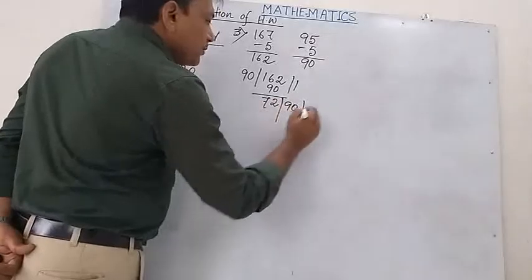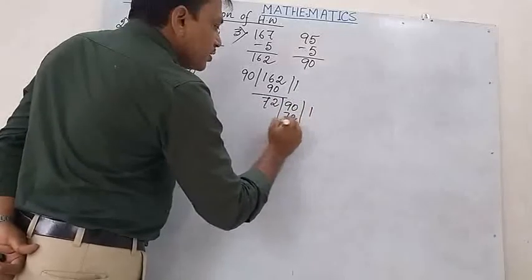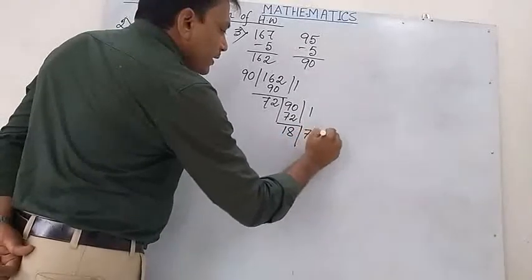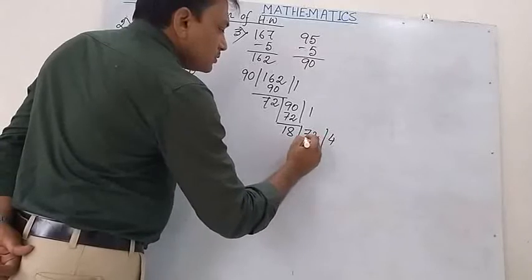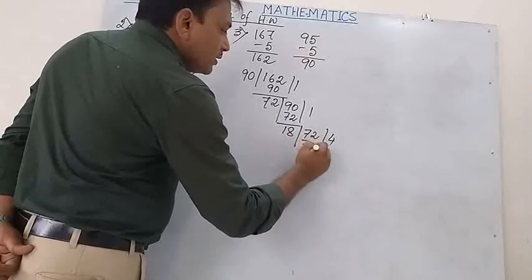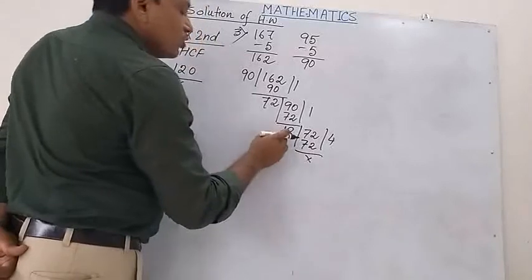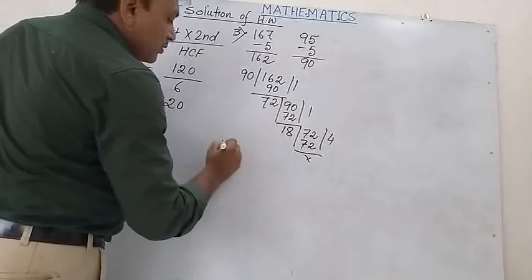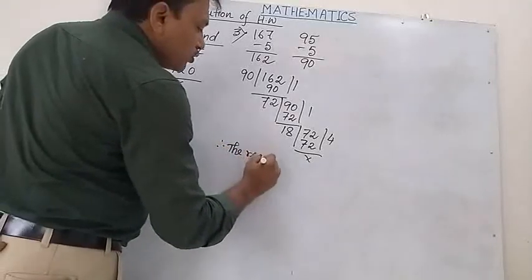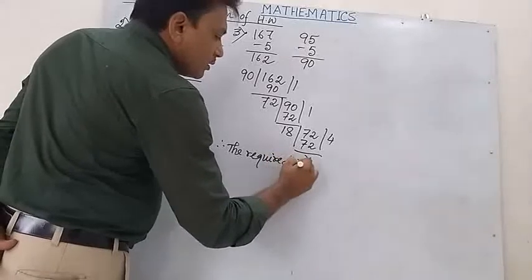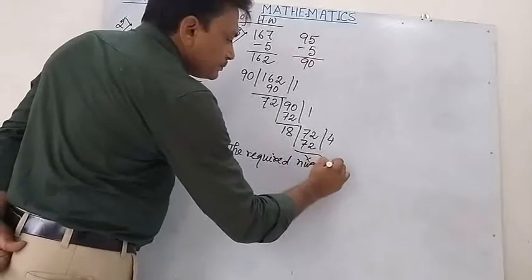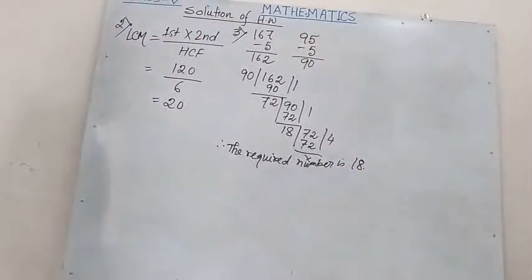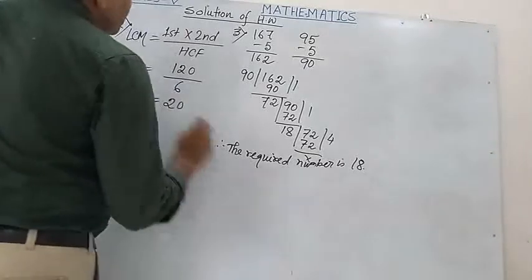Then 90 divided by 72: 72 ones are 72, remainder 18. Now 72 divided by 18: 4 eighteens are 72. So the HCF is 18. Therefore, the required number is 18.